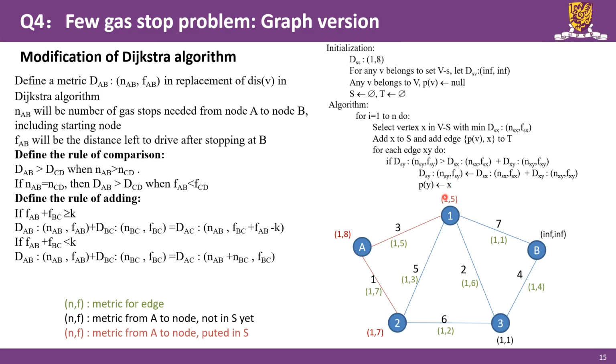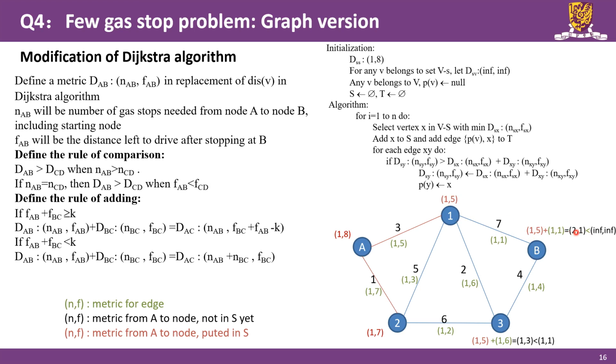Then, as before, we will look into all the neighborhood that node 1, which is newly added to S, have, which is 3, and node B. And we will calculate the metric of each of these two nodes. For B, we will add the (1, 5) with the weight of D1B, that is (1, 1).